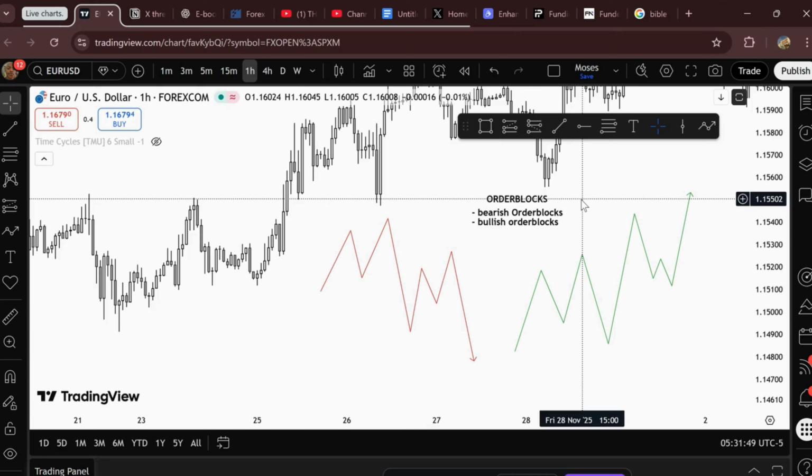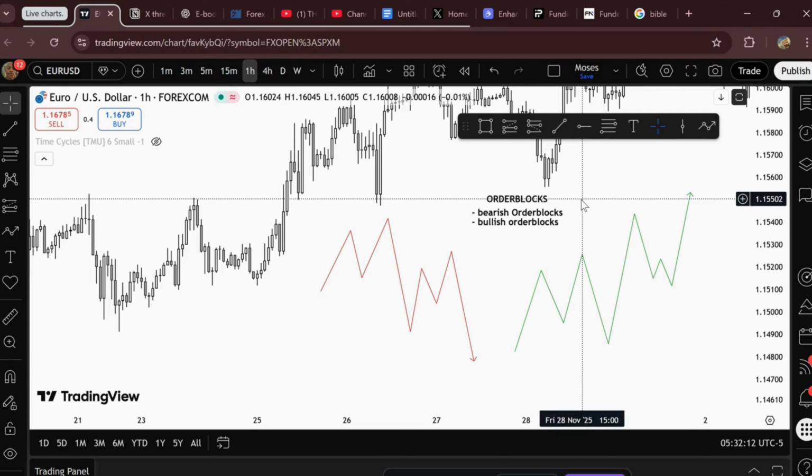Very simple, straight to the point. I'll say it again: a bullish order block is simply a block of buy orders, and a bearish order block is simply a block of sell orders. Now, how do we spot these blocks of sell orders and buy orders?